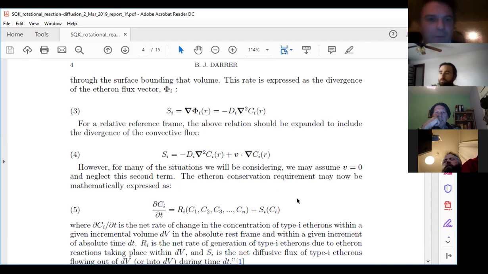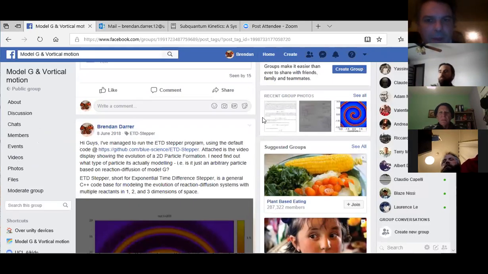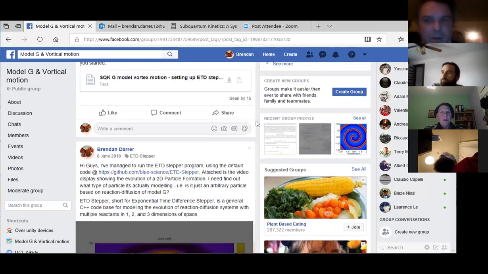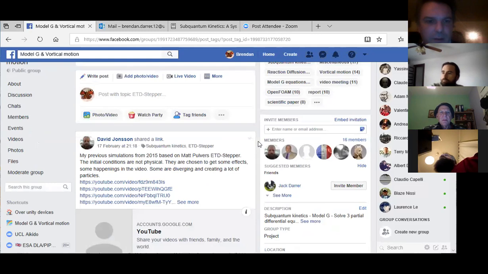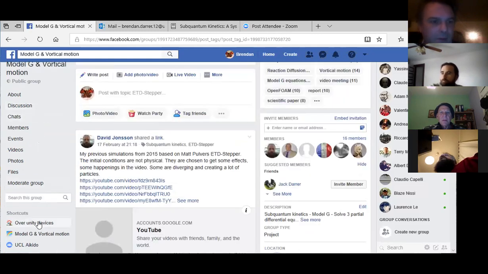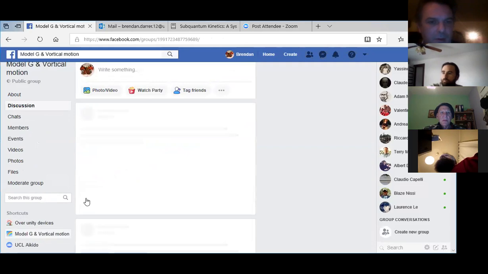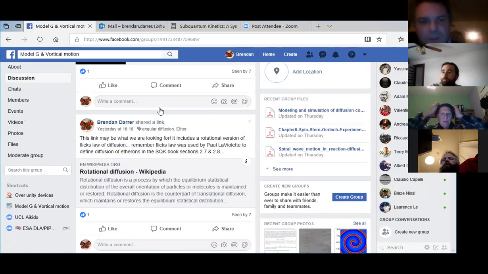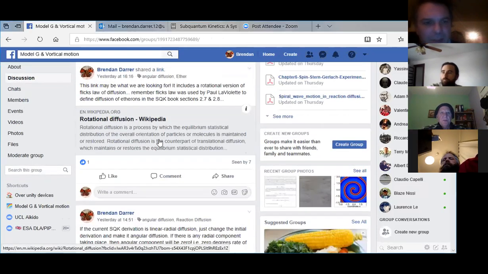So that's what I was looking at the moment. I've got this idea from here, one showing vorticity and circulation in fluid dynamics introduction.